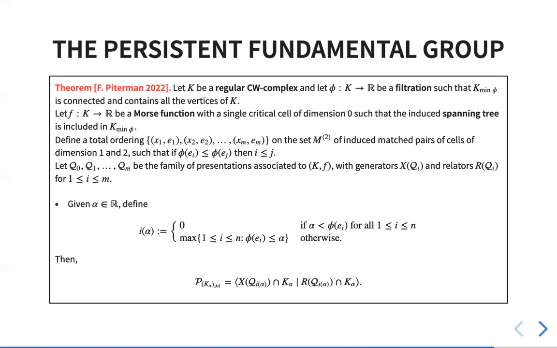So you have a complex that is filtrated. So you say which cell is at each level of the filtration, and this number is the first time. So you have all these intermediate presentations associated to the computation of the presentation of the biggest complex, and then you can deduce all the intermediate presentations. So you have to run this algorithm just once.